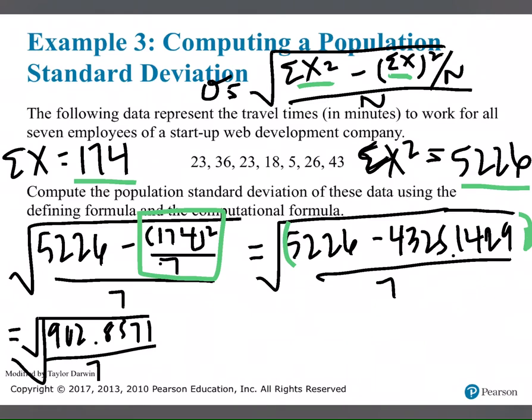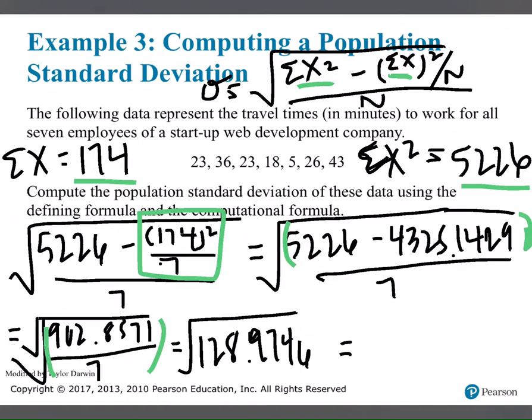It's all square rooted. So then I would go ahead and divide them. When I do that, I get 128 point, I believe that's 479746.